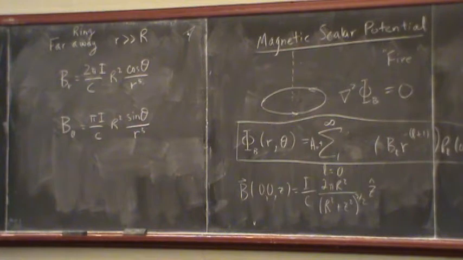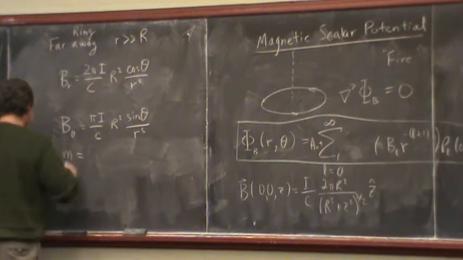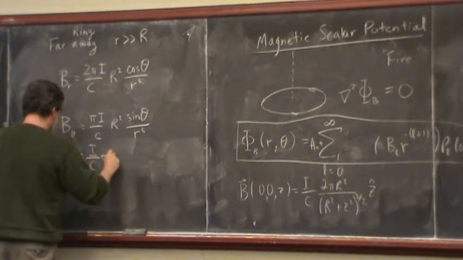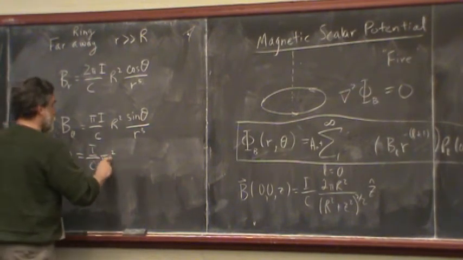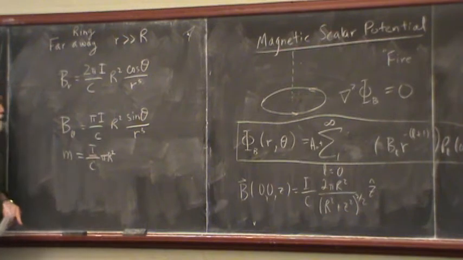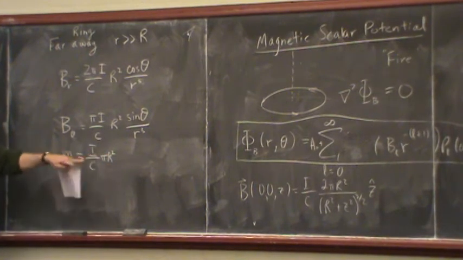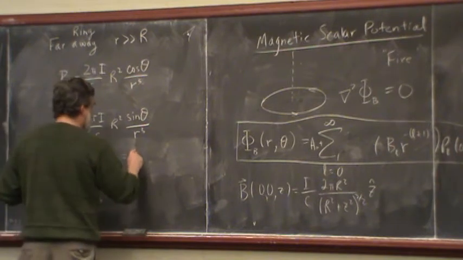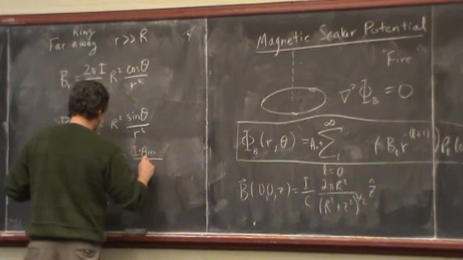So what I'm going to do is define a quantity that I'll call m, which is I over c pi R squared. Current, whoops, capital R squared. That's the area of the loop of the ring, correct? Times the current, basically. Actually, I just write it as I area over c.